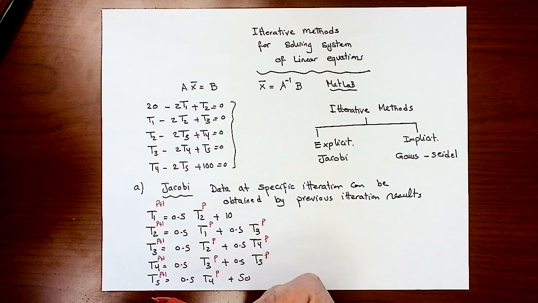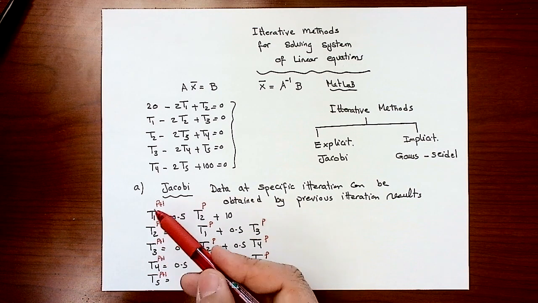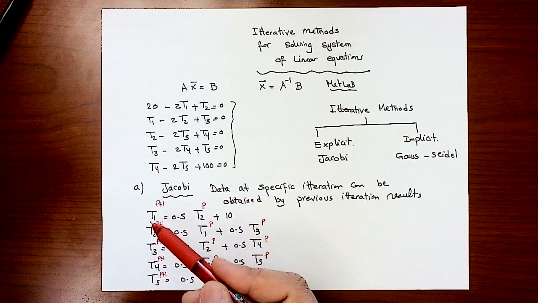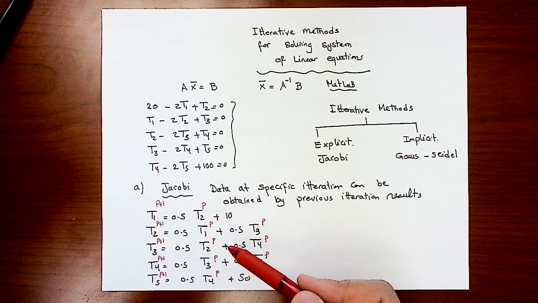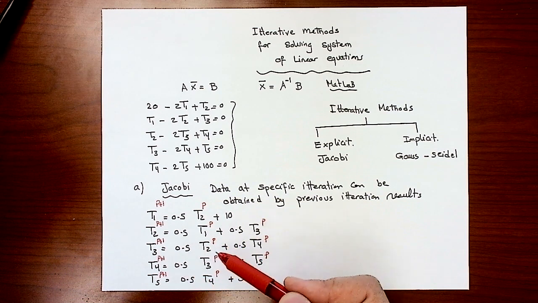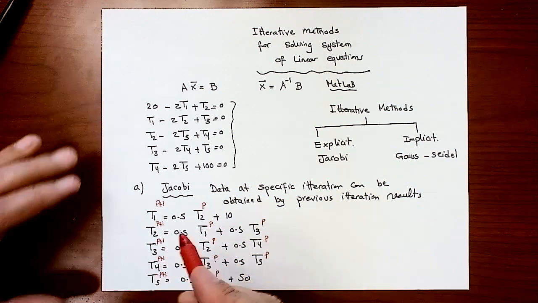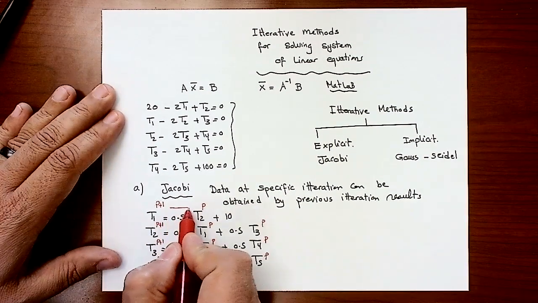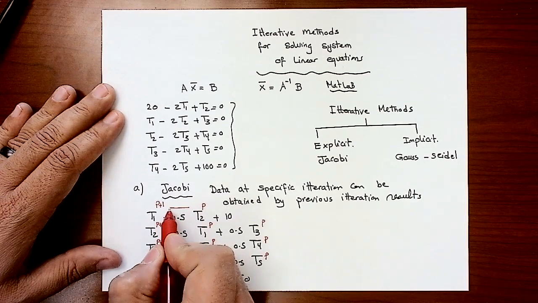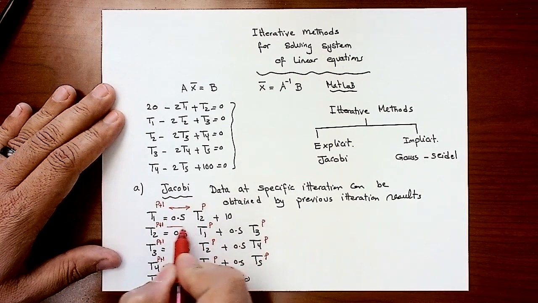Then I will use that initial data as the data of iteration 0, and I will calculate iteration 1. Then the results of 1 obtained from 0 will be used again to get iteration 2. Then you take the data from 2 to the right-hand side to get iteration 3. So each data point is used to calculate the next step here.